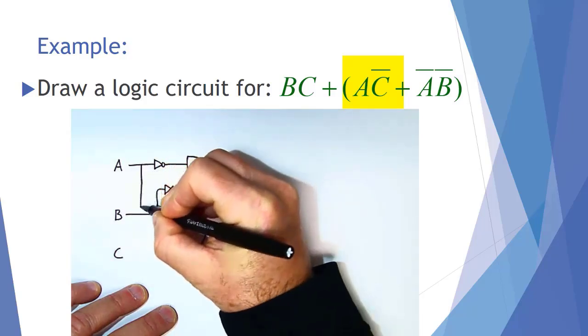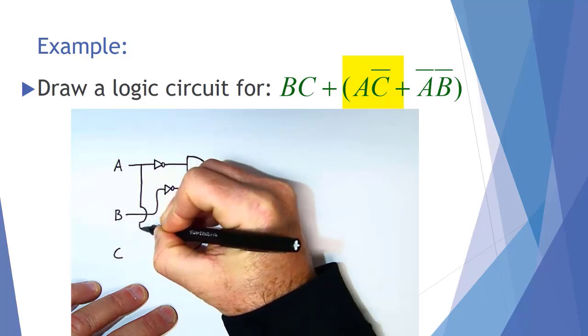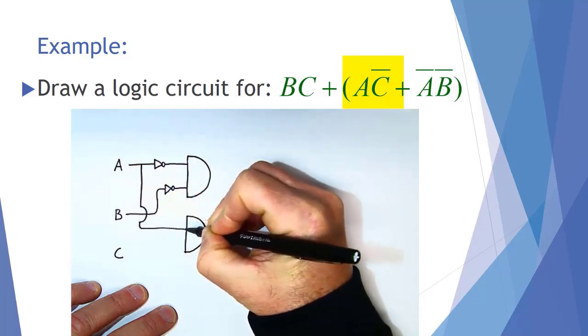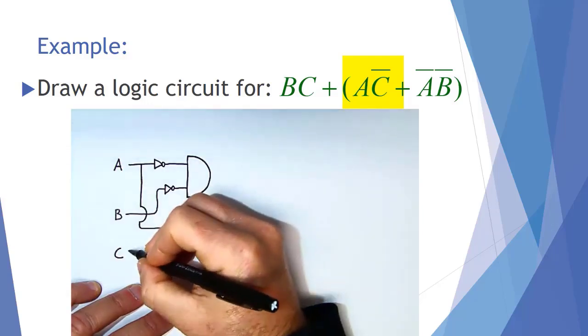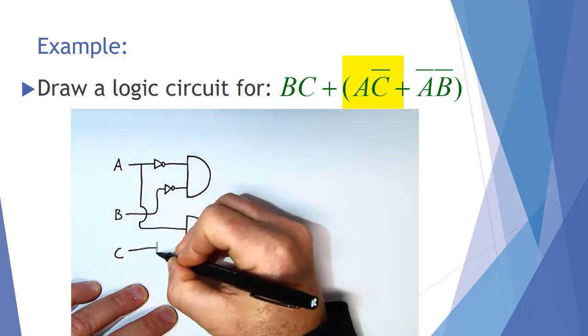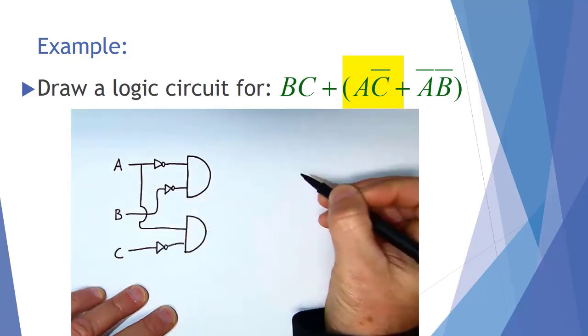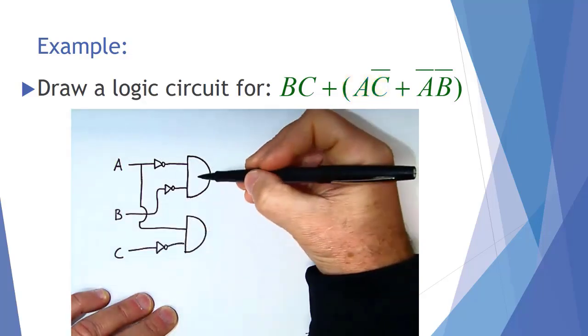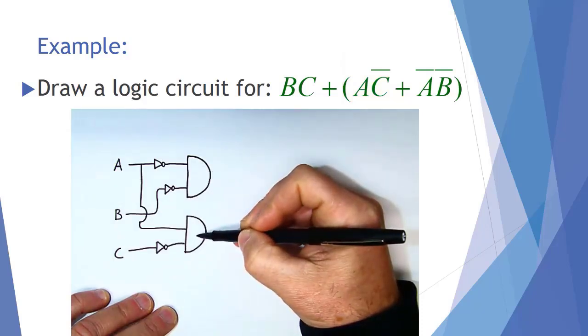And anytime we want to cross one of the other lines, which you often have to do, put a little jump symbol like that, and it looks like a little bridge that's going right over that, so it's clear that it's going over that and not connected to it. And along with that we'll have C, but we'll put an inverter on C, and that will feed into that gate. So here's our A naught B naught AND gate and our A C naught AND gate.